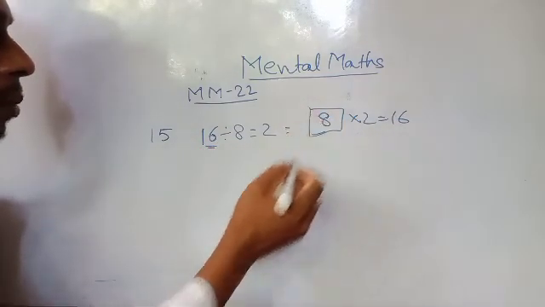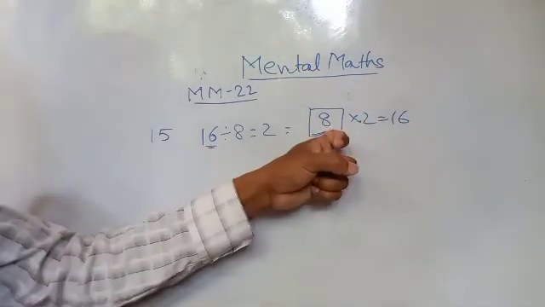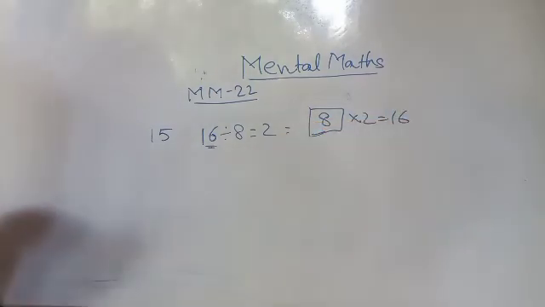So 8 into 2 equal to 16. Or 2 into 8 equal to 16. So this way you find the multiplication fact. From the multiplication fact we can easily find the division fact, and from the division fact we can find the multiplication fact.